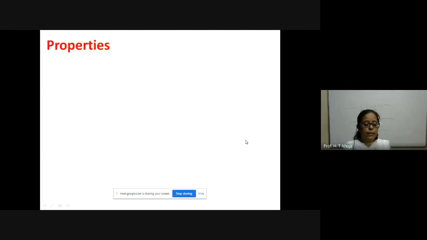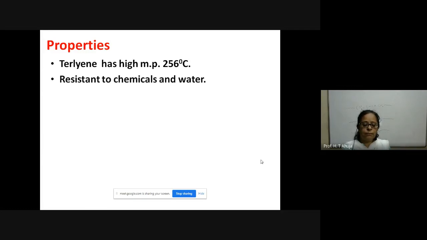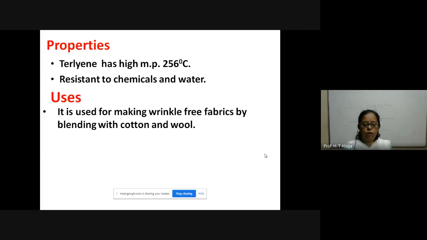Now let's see the properties of this. Terylene has a high melting point, that is 256 degrees centigrade. It is resistant to chemicals and water. There are some uses of terylene. It is used for making wrinkle-free fabric.